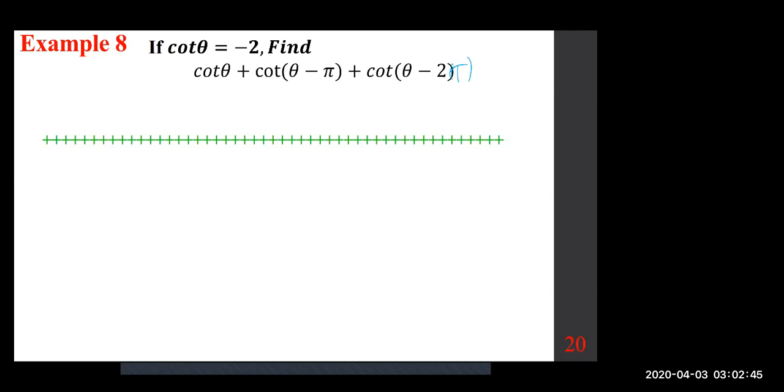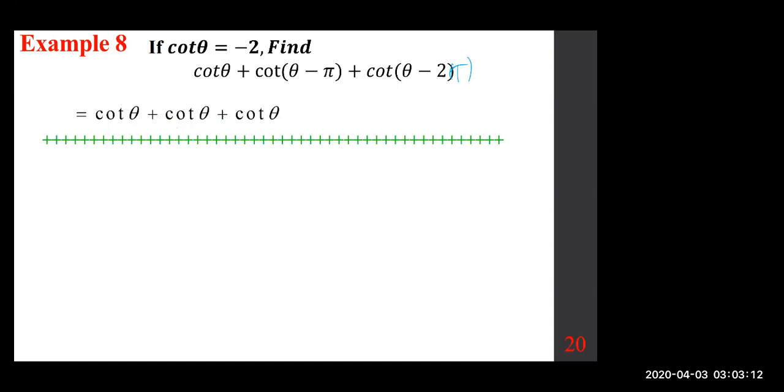Okay, 2 pi. Can you simplify this and come up with the answer? Can anybody see the answer here? 3 cotangent theta. Very good.